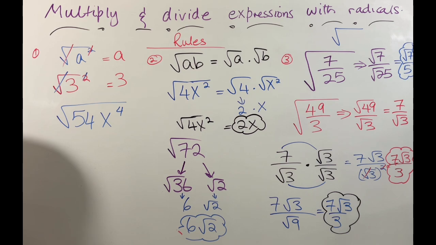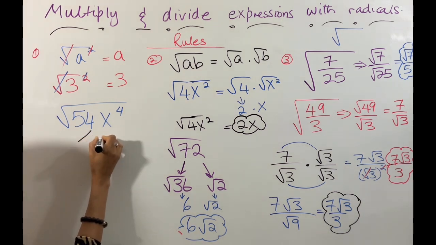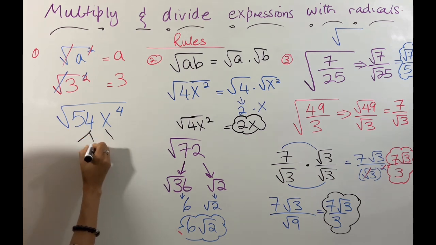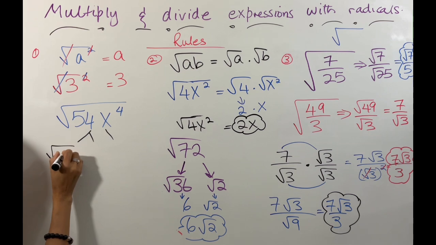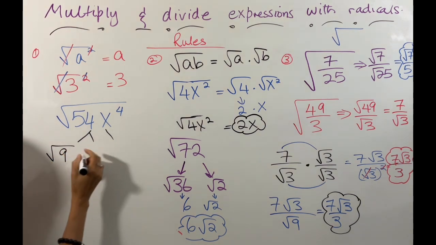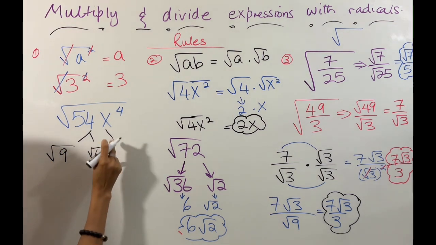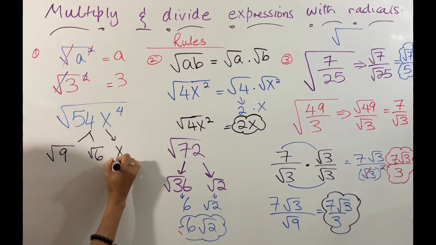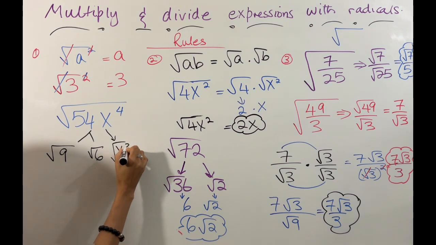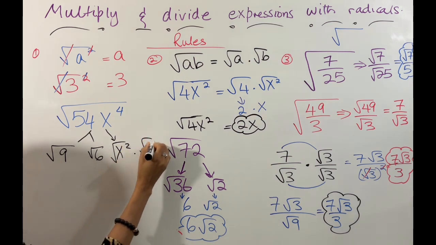So what you have to do here is break this down, finding the perfect square, which is the highest one, square root of 9, and square root of 6. Now for the x to the 4th power, you're going to break it down as radical x to the 2nd power times radical x to the 2nd power.